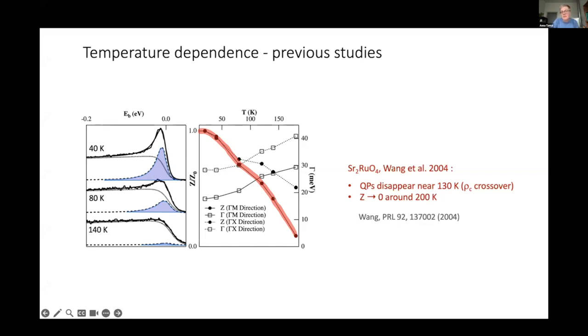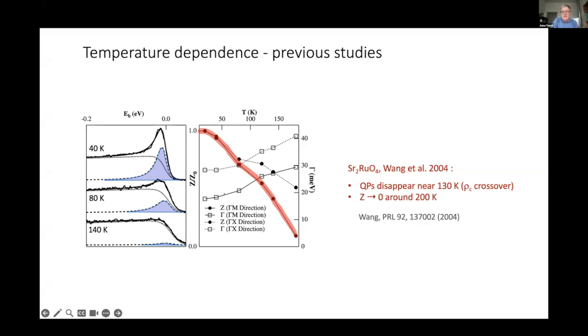Then they plot this as a function of temperature, and they observe that this peak gets broad and is hardly visible at high temperature. They conclude that quasi-particles tend to disappear at the temperature where there is a crossover in resistivity along the z-axis, and they say that Z goes to 0 as you increase the temperature.